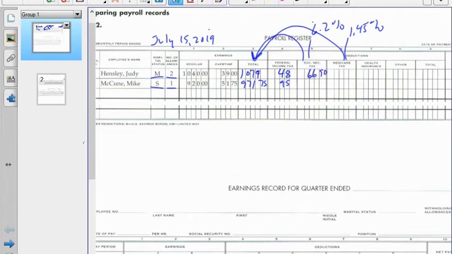Mike is $60.25. Same thing, we take our total earnings for each individual employee, multiply that by 1.45%. We got $15.65 for Judy and $14.09 for Mike.